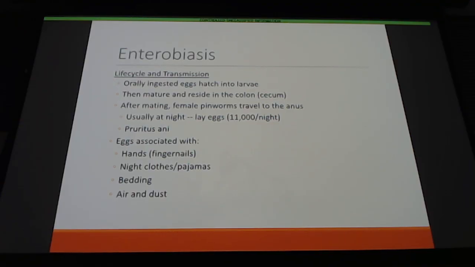Now, remember, if you do scratch and you don't wash your hands, you can put it on other things. And one of the reasons why kids get this more commonly than adults is because if they don't do their hand washing appropriately, they can get it on their toys, or other furniture. So even if you do take care of it initially, if some of these other things are not clean or washed appropriately, you can get reinfected with this.